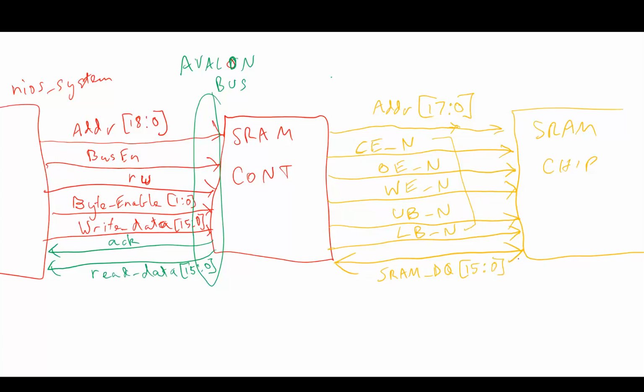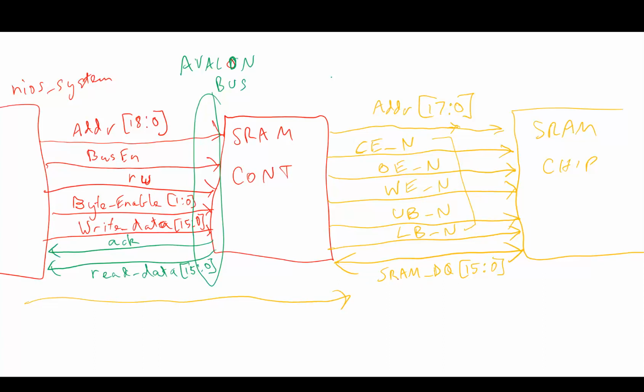Now, for a bidirectional bus to be shared between two particular modules or devices, if one particular module is setting the value of that line, so for example, if we are doing a write from the processor, which needs to go this way, the SRAM controller needs to set the value of the SRAM DQ.